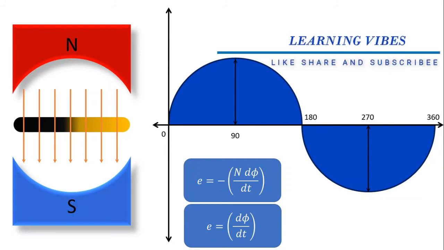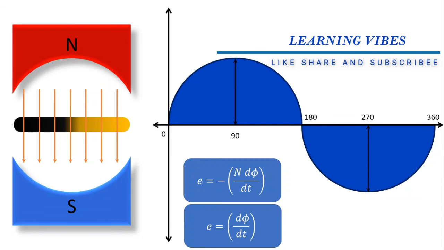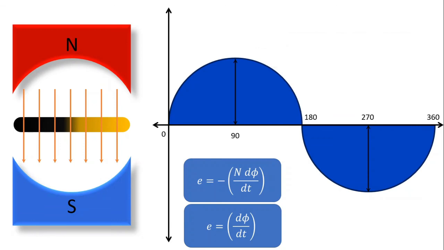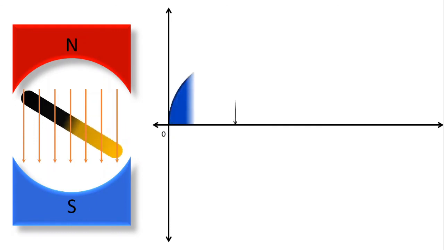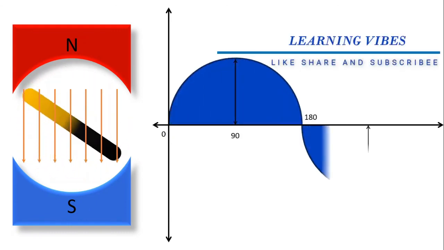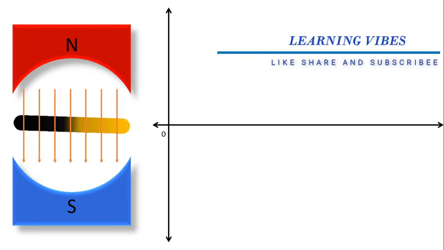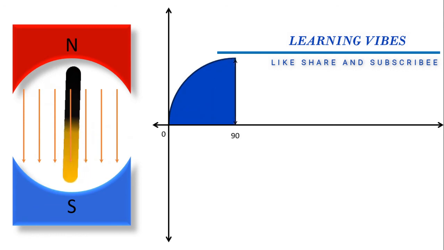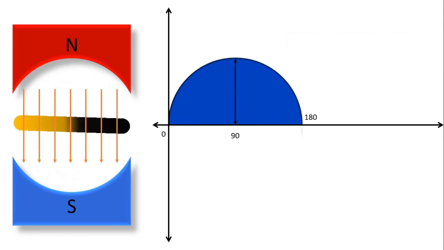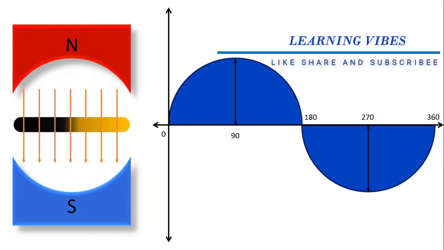So this is how in a complete revolution of the conductor we get a complete 360 degree, or complete sinusoidal waveform in output voltage. Just observe this again. This is how the conductor keeps on rotating and output voltage keeps on inducing. So this is how a sinusoidal EMF is induced in a generator.